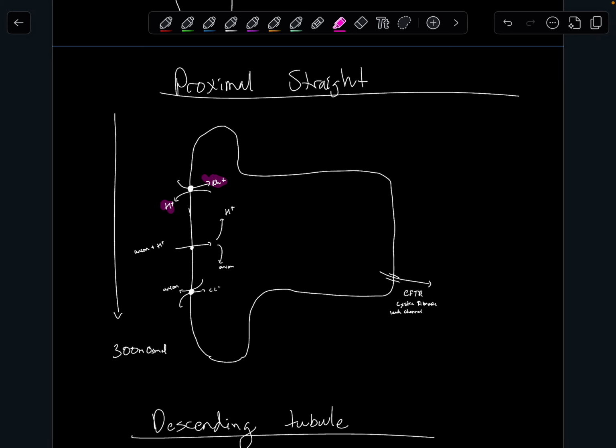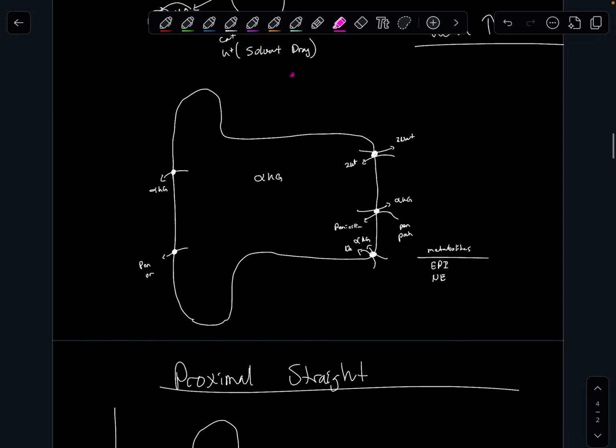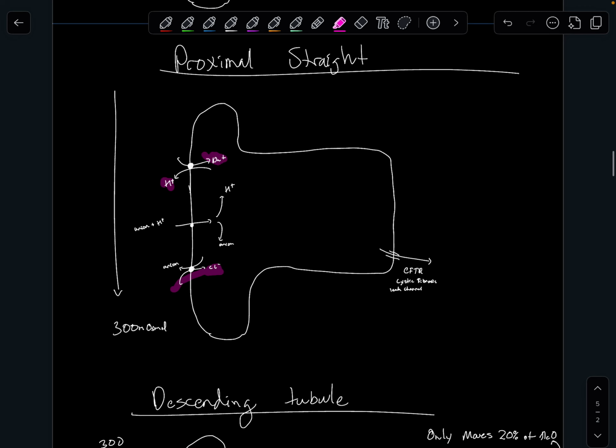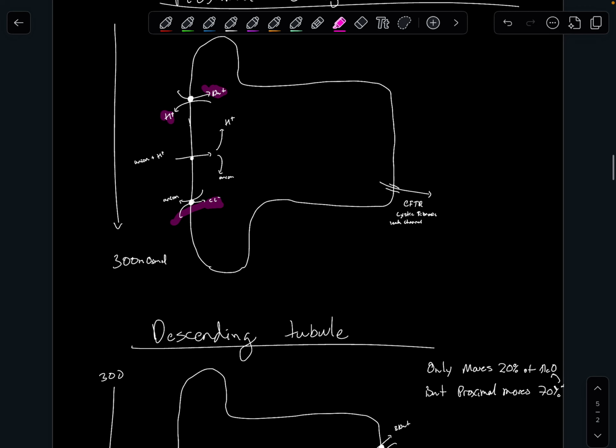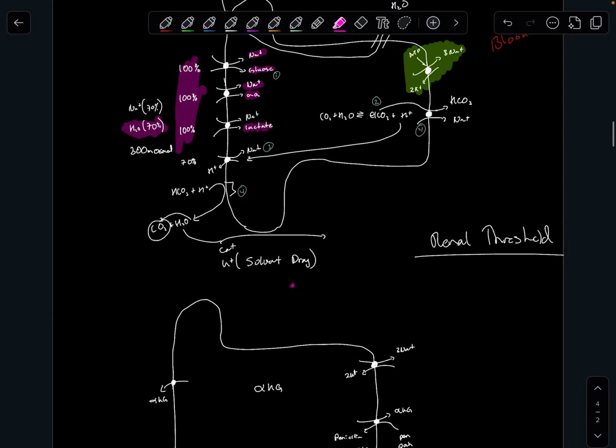It's just creating a gradient, allowing for chlorine to actually eventually come in. And then potassium, I didn't draw it, but it's being reabsorbed by passive diffusion through the sodium or potassium leak channels.